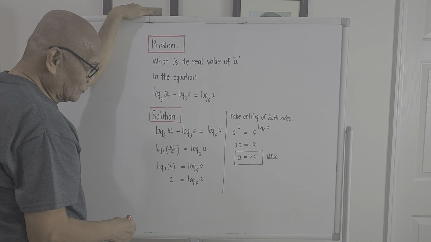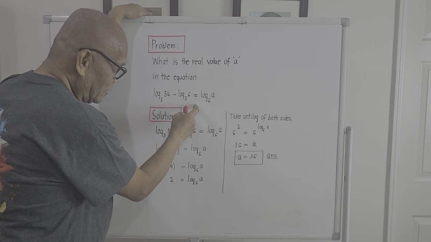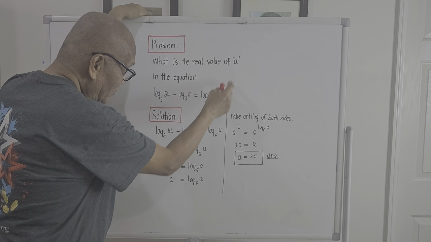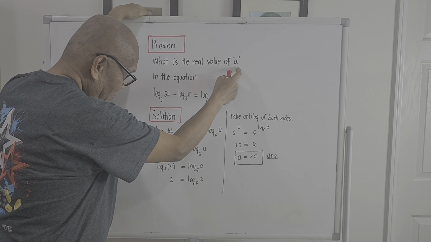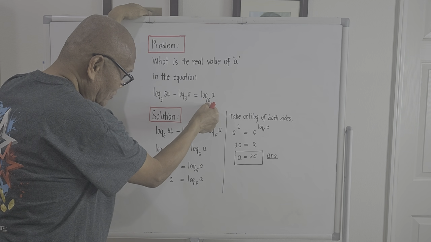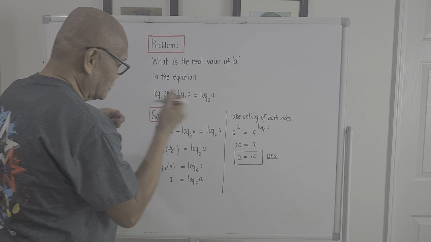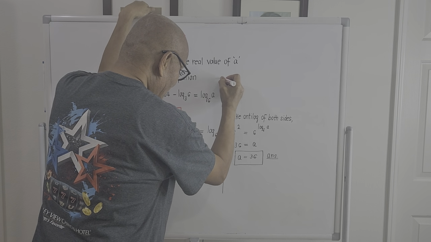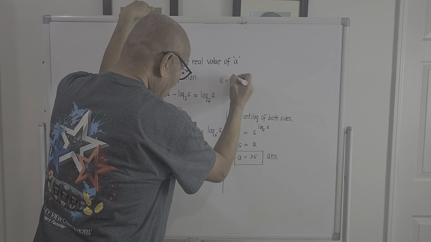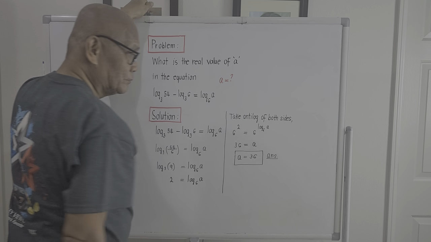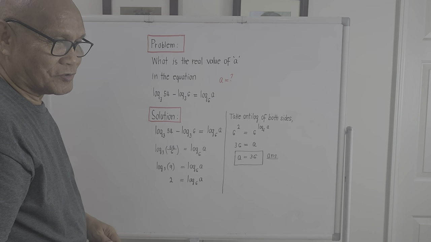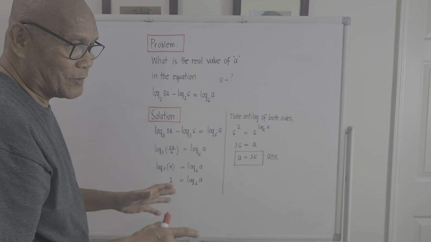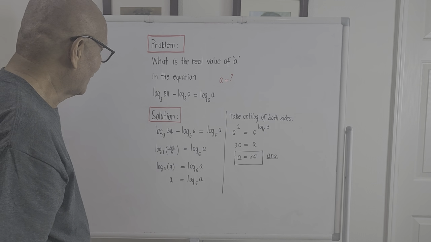And this should be equal to the logarithm of a, small letter a, the one we are looking for, with the base of 6. So the problem here is what a will be equal to.